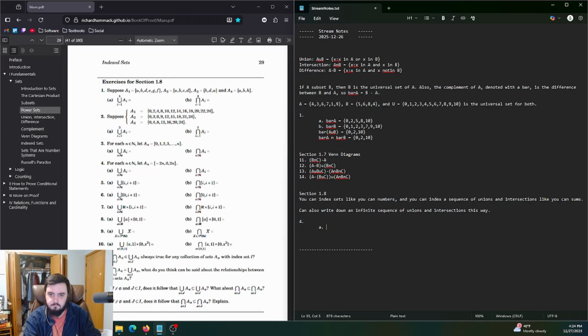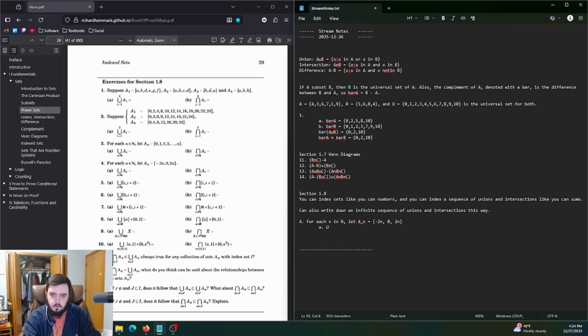What's 4a? For each n in the natural numbers, let A sub n be the interval from negative 2n to 2n. Okay.